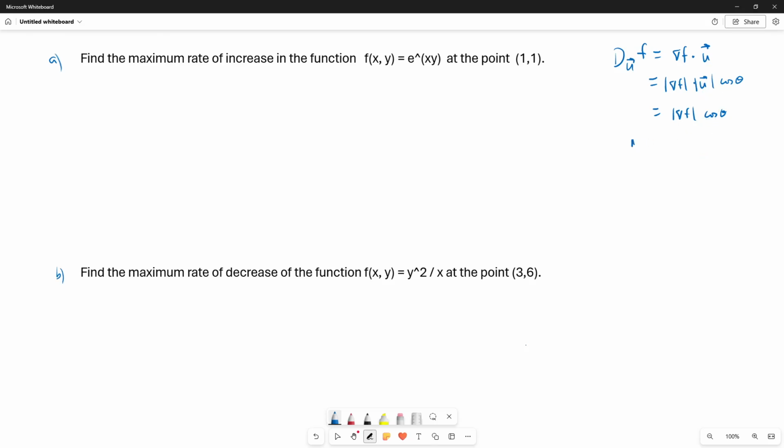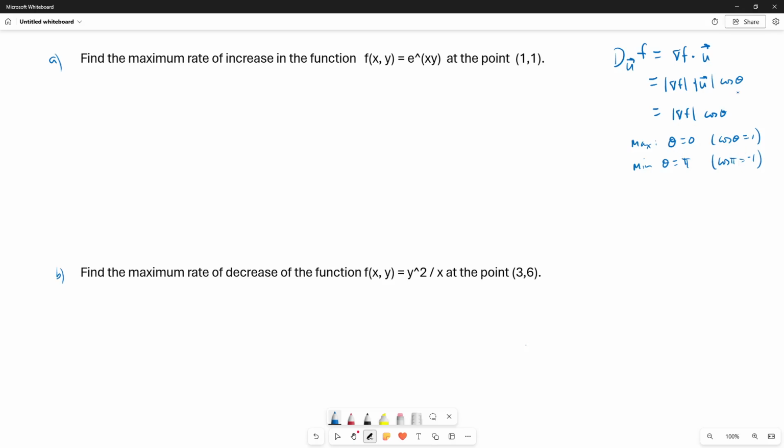So this is maximized when the cosine of theta is maximized, and that happens when theta equals 0, because then the cosine of theta is 1, and it's minimized when theta is equal to pi, because the cosine of pi is negative 1.